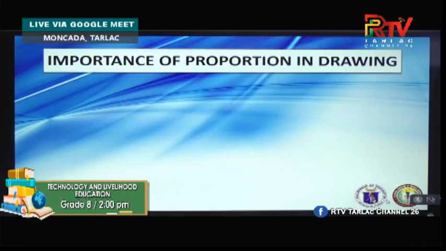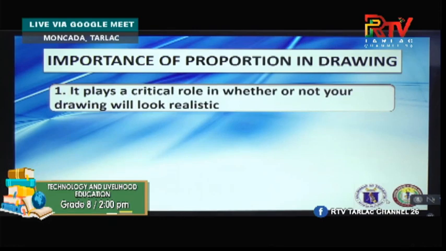Now, what is the importance of proportion in drawing? The importance of proportion on drawing are the following. Number one, it plays a critical role in whether or not your drawing will look realistic. Now, proportion is not the size of an object, but rather it is the size of the object in relation to other objects around it.